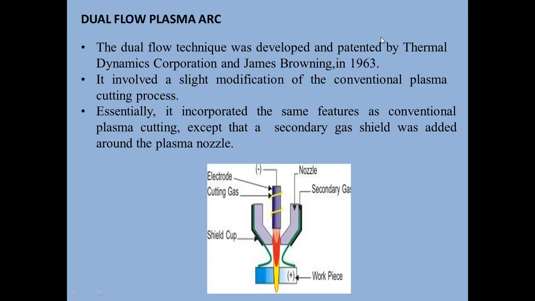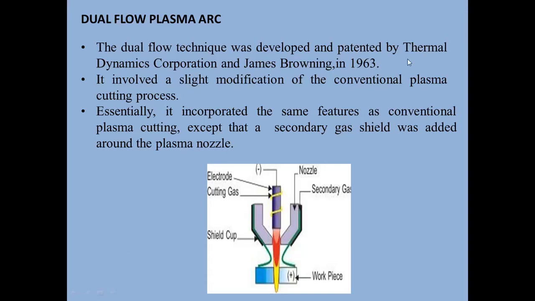Essentially, it incorporated the same features of conventional plasma cutting, except that a secondary gas shield was added around the plasma nozzle. See, we have a failure due to double arcing at the nozzle. So that was overcome by dual flow plasma arc torch by supplying a secondary shield gas.